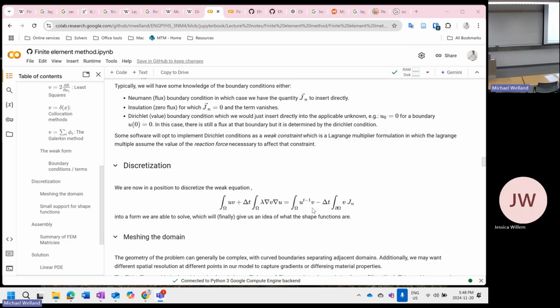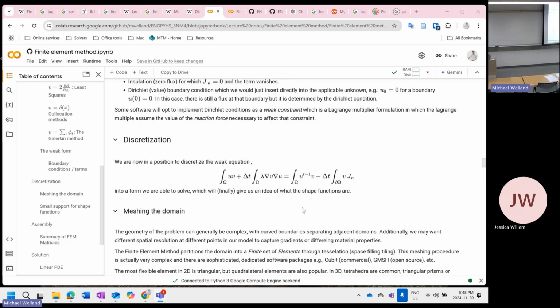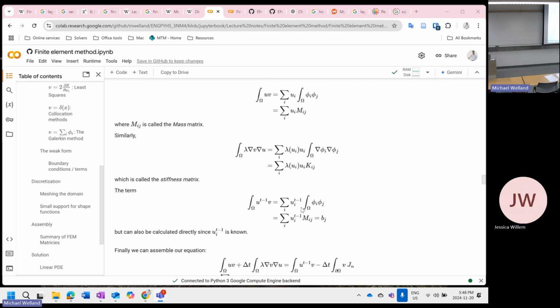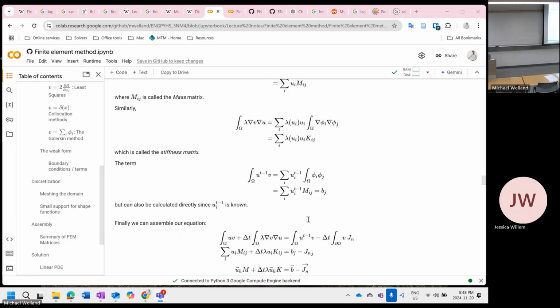And this one, we have two ways to calculate. Because we know u at t minus 1, our previous time step, that's a known function. We could just integrate directly, Gaussian quadrature, whatever you wanted, no problem. Or you get the matrix vector product again.